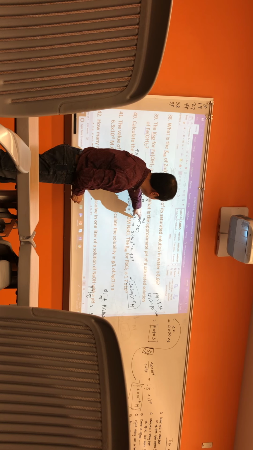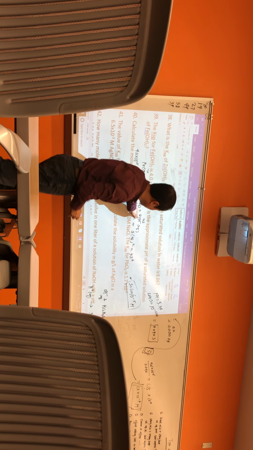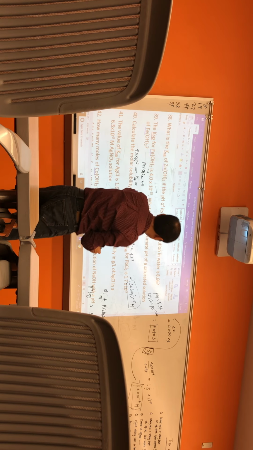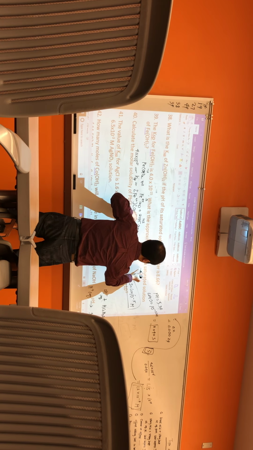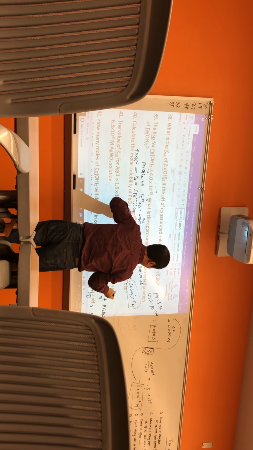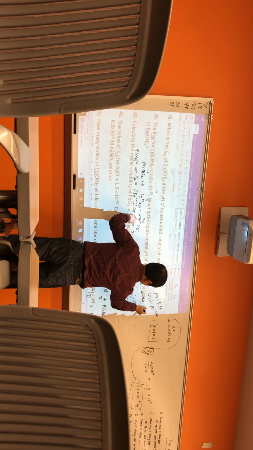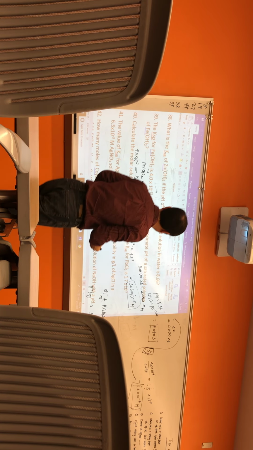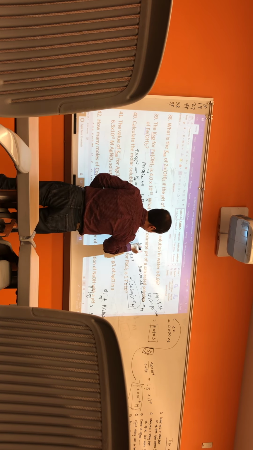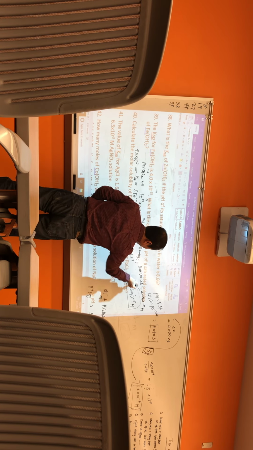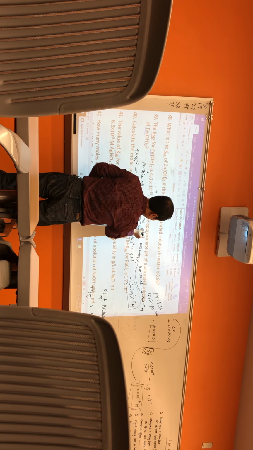This is 2S, so the hydroxide concentration is 2S. Therefore, 2 times this will be 2.0 times 10 to the minus 5. From here you can calculate pOH, and from there you can calculate pH.